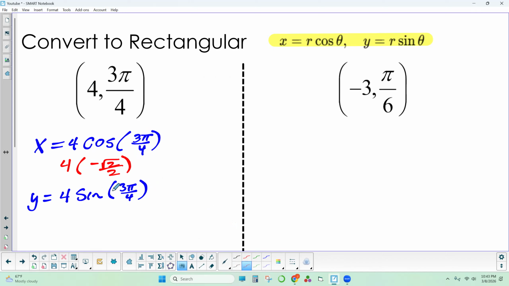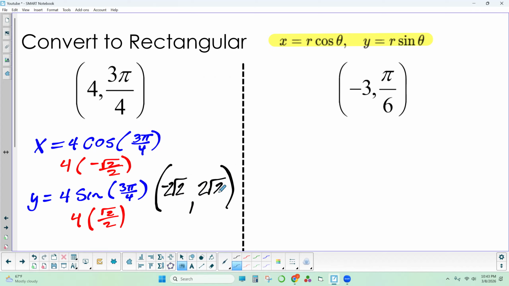Sine at 3 pi over 4 is positive square root of 2 over 2, and we multiply that by 4. So we get our coordinate: negative 2 root 2 and positive 2 root 2.